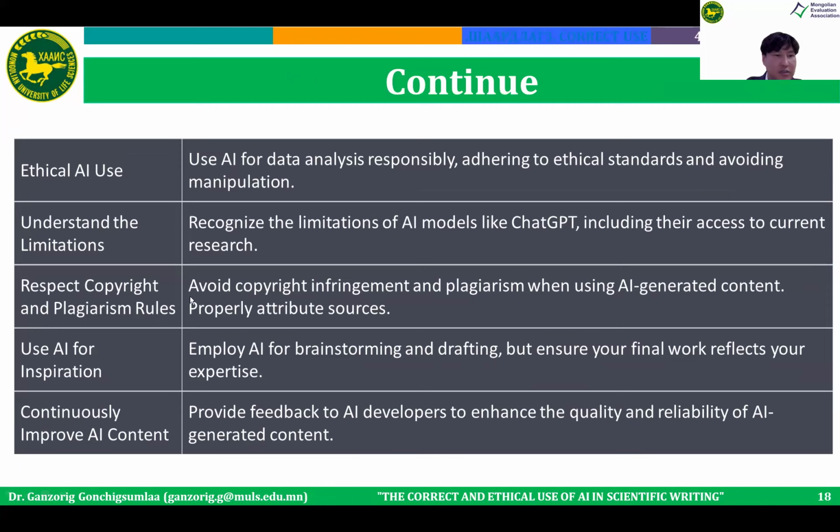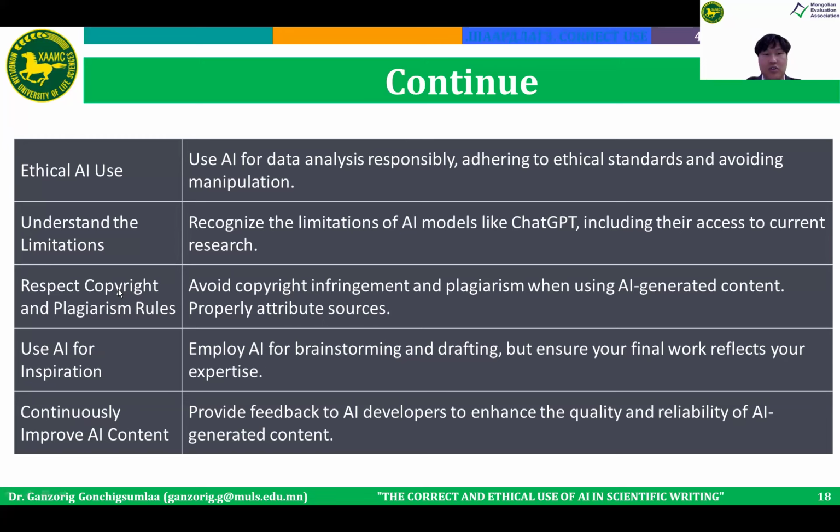And also there are copyright issues, plagiarism rules and copyright. Copyright cannot be given to AI, so the copyright is always given to a person, because AI is kind of copying ideas from the database that it has, so someone already generated this idea.